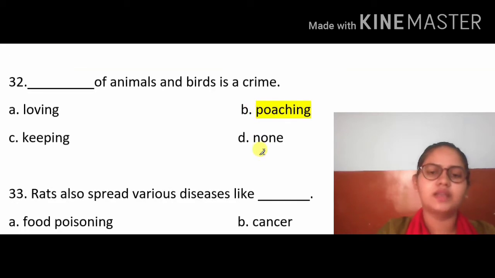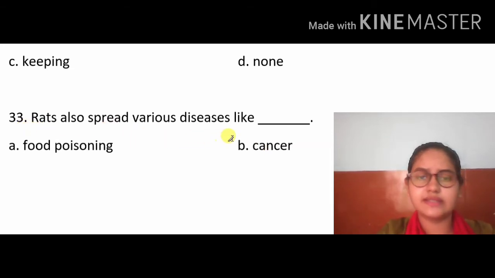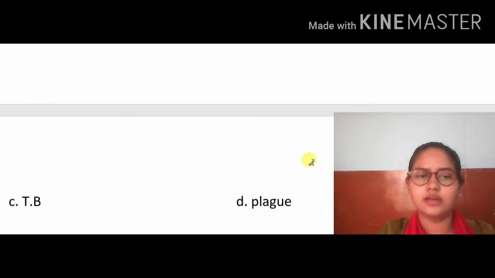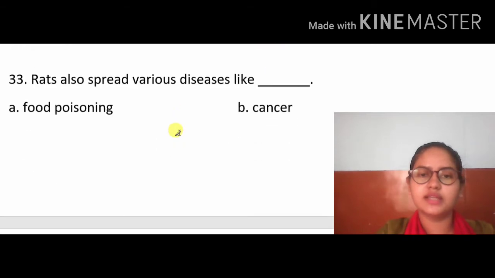Okay. Now here is 33. The question is: rats also spread various diseases like dash. Which kind of diseases do they spread? Food poisoning, cancer, third option is TB and the fourth is plague. Right. So which one is spread by the rats?